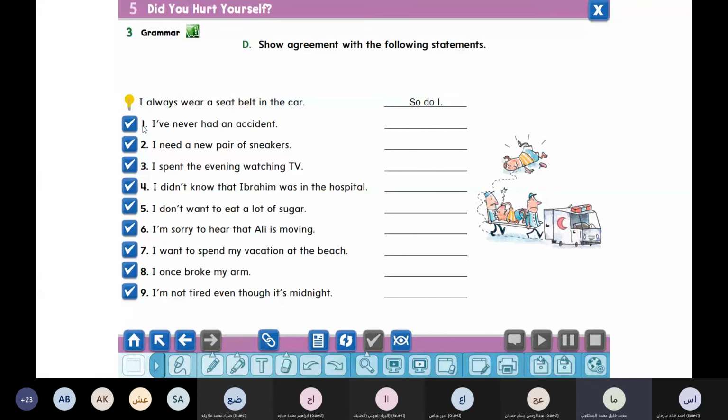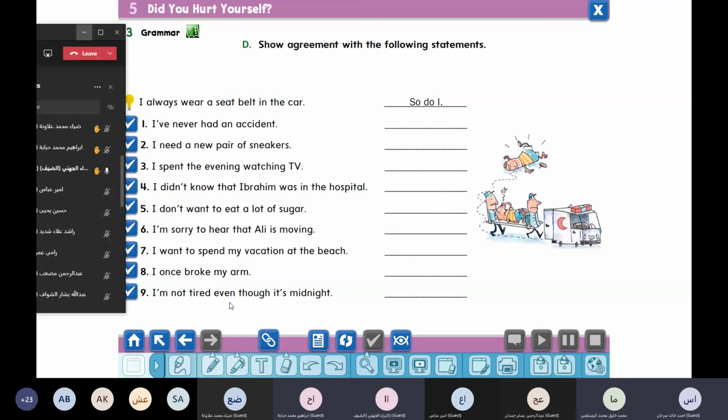Number 1. I have never had an accident. You realize never is negative. So we will use neither. Neither what? Diaa.